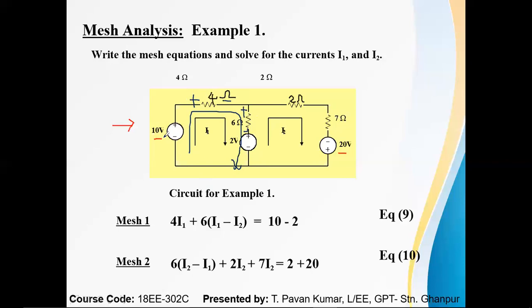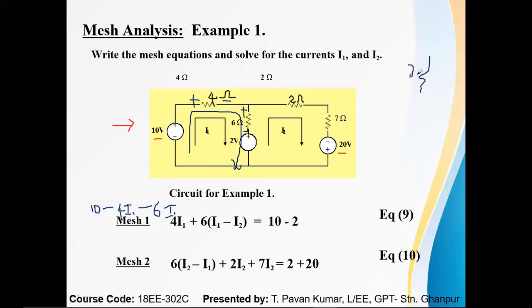So based on the direction of my loop currents, I am going to write the loop equation. The leaving sign is positive 10, minus 4 I1, right, next minus 6 I1, and this is for the 6 ohms.